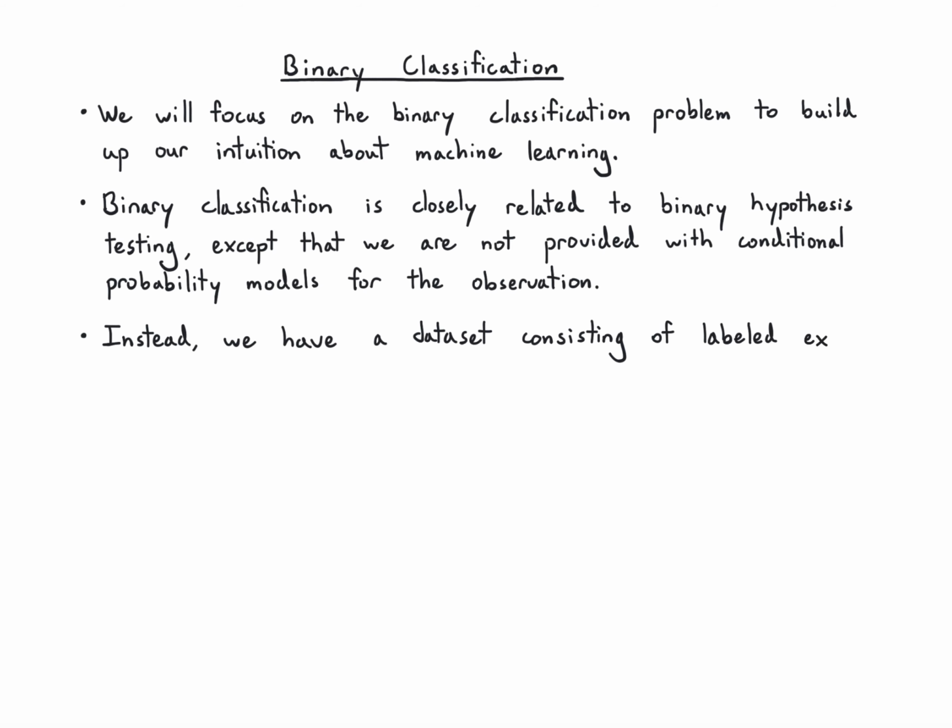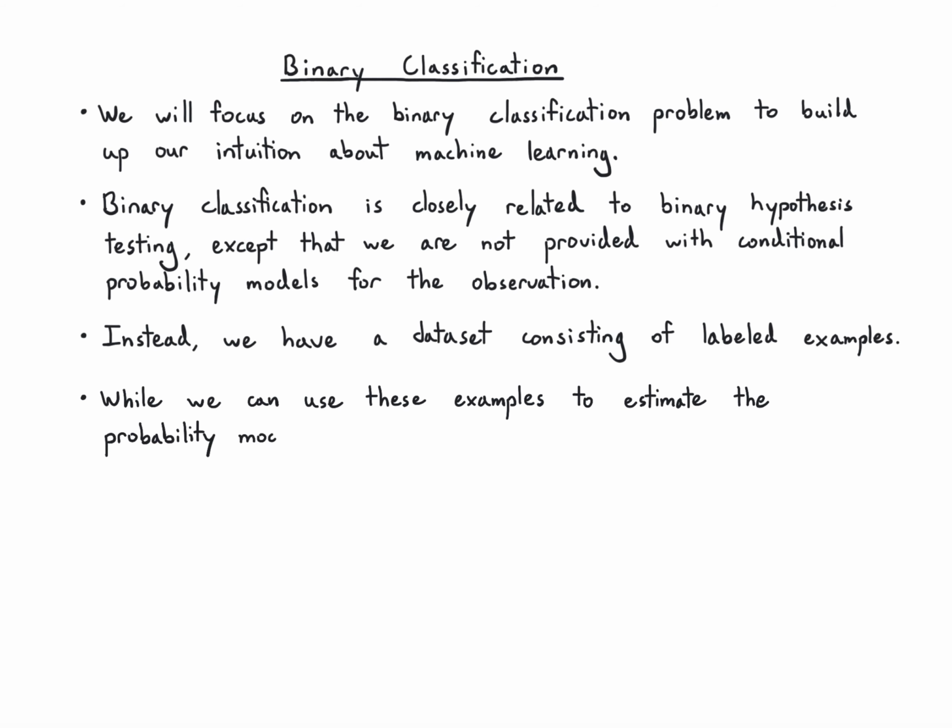We might see under each hypothesis some examples of what the observation ought to look like, but that's it. We could use these examples as a basis for estimating the underlying probability model, but we don't really care about that. What we care about is designing a good decision rule, and whether or not that involves designing a probability model is up to us.